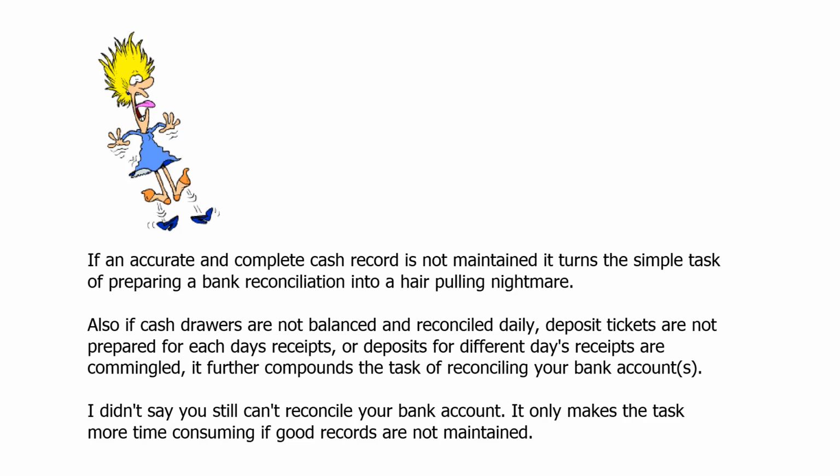Also, if cash drawers are not balanced and reconciled daily, deposit tickets are not prepared for each day's receipts, or deposits for different days' receipts are commingled, it further compounds the task of reconciling your bank accounts. I didn't say you still can't reconcile your bank account. It only makes the task more time-consuming if good records are not maintained.